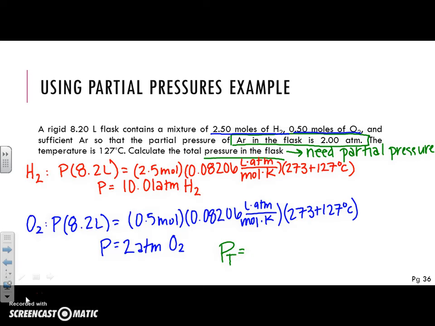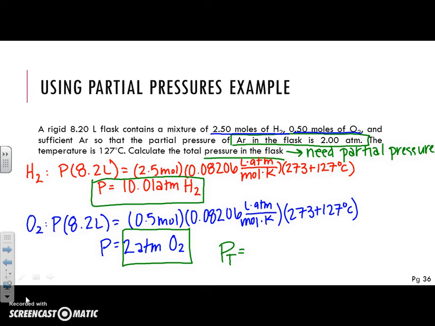All right, so now we've calculated the partial pressure of hydrogen, which is 10.01 atmospheres, the partial pressure of oxygen, which is 2 atmospheres, and we already had the partial pressure of argon, so we can simply add these up and solve.